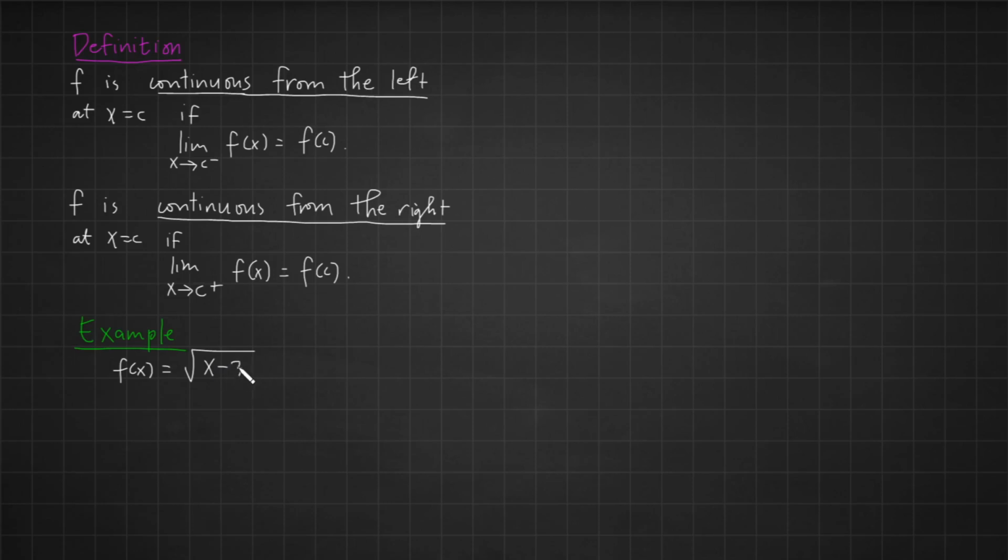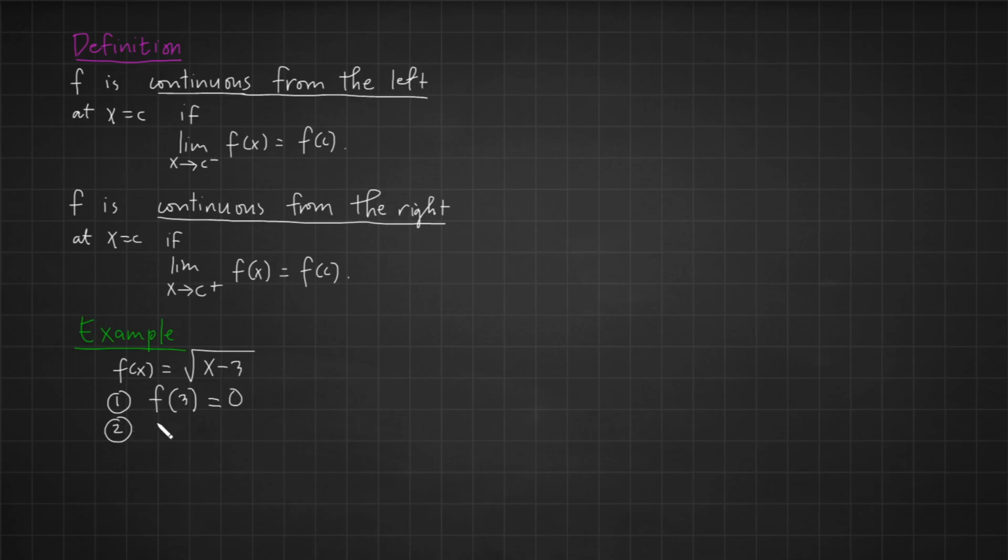So gusto natin malaman if it is continuous from the left or from the right at x equals 3. So una, define ba yung function natin at x equals 3? So f of 3 is equal to square root of 3 minus 3. So that's 0. Okay. And then, aling one-sided limit yung nag-i-exist?